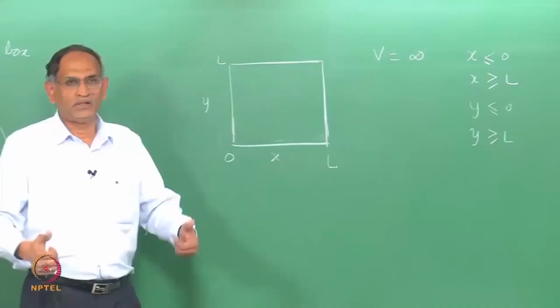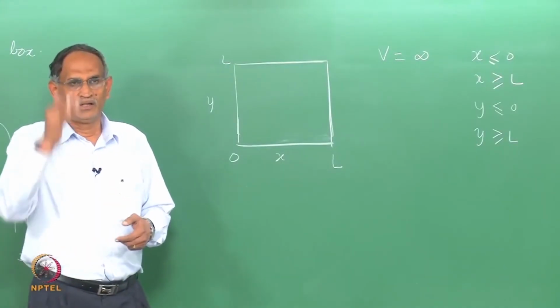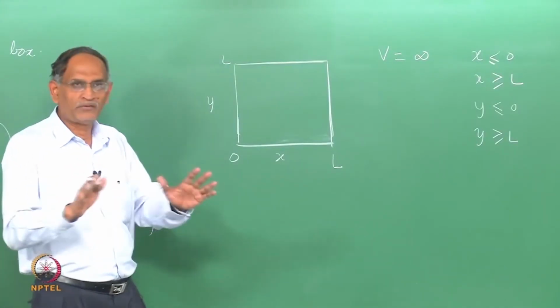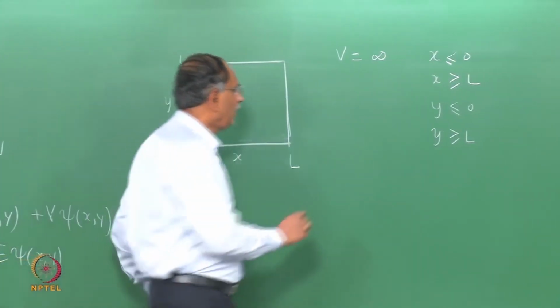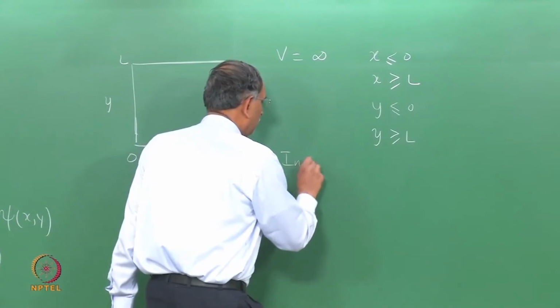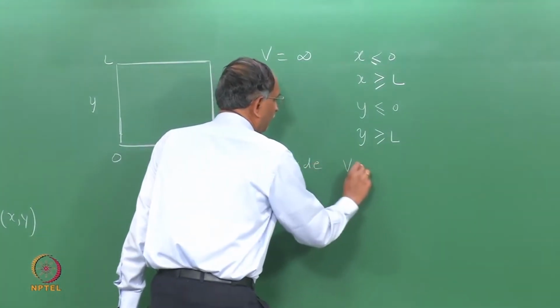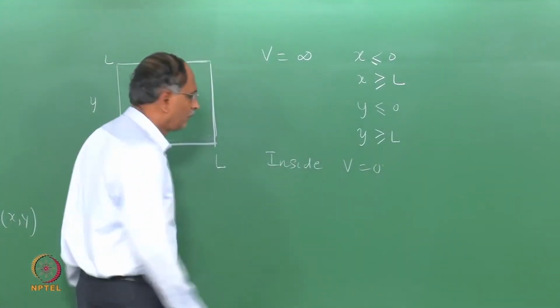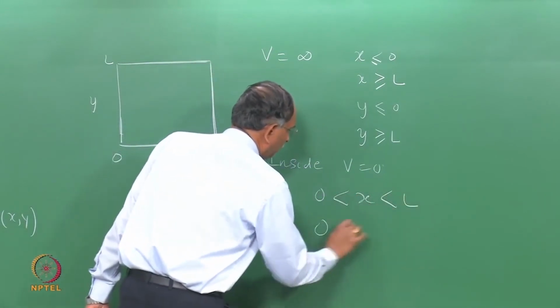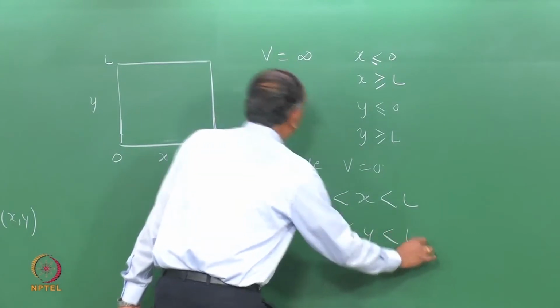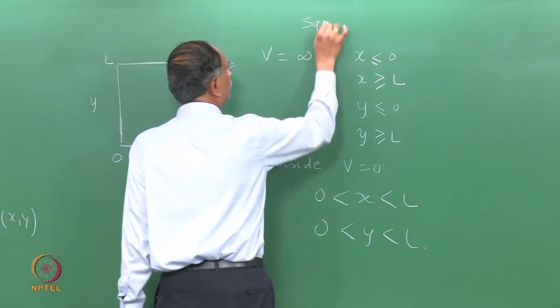These are the infinite boundaries that you have. It is not a single dimensional quantity, but a surface, in the sense that we protect the particle from escaping this region, and inside, v is 0, between 0 and L for x, between 0 and L for y, and this is a square box.